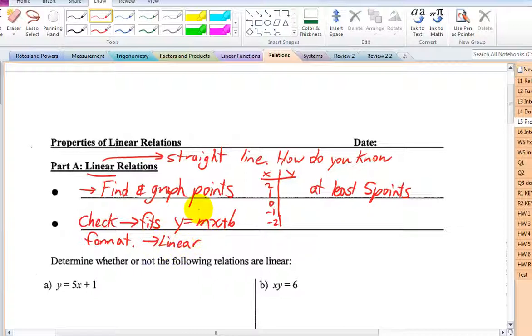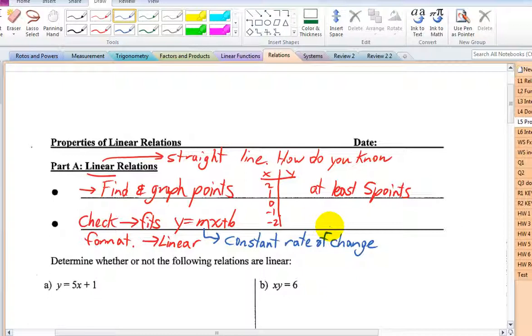And you also know, because of m, you can check points and see that you have a constant rate of change. And we'll focus on how to look at points and determine if there's a constant rate of change. You did that last year, right? Where you were finding your slope. These are sloped the same for all those points.